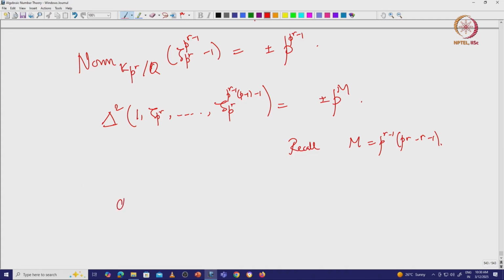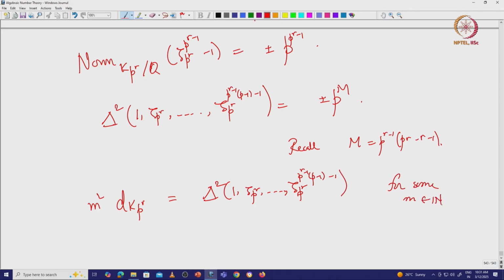Okay, so d of K_{p^r} times some square is the discriminant of 1, ζ_{p^r} and so on, ζ_{p^r}^{p^{r-1}(p-1)-1}, for some m in the natural numbers.